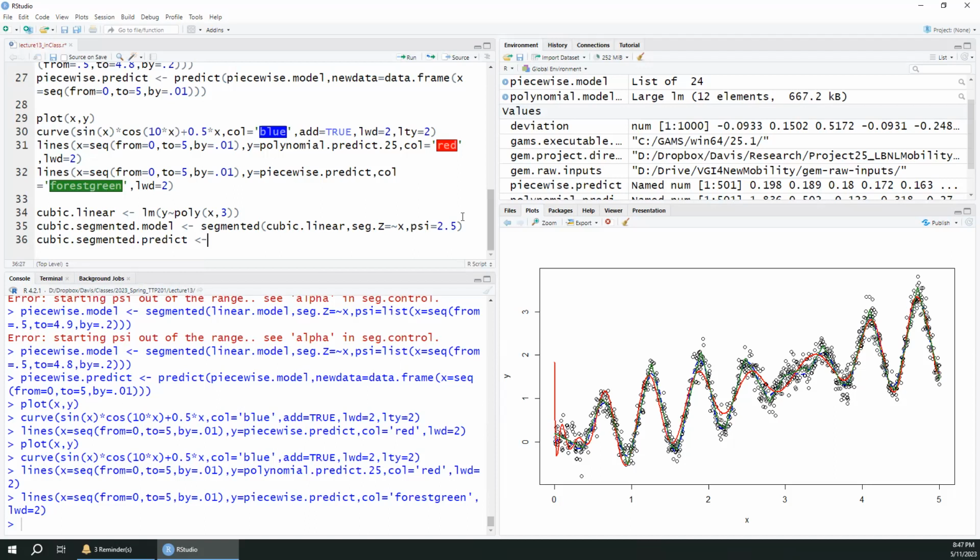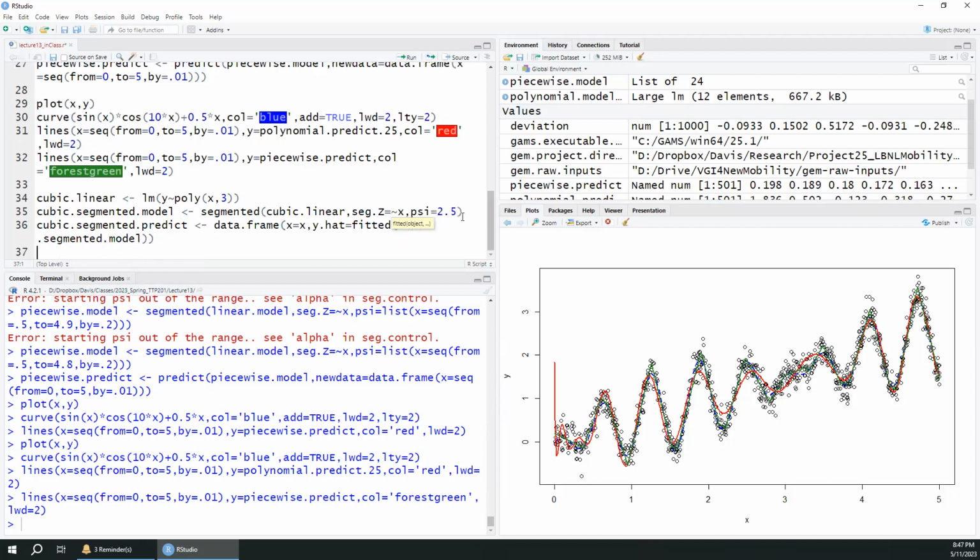And we have to do a predict. And I'm going to reorder it just so that it runs from small x all the way up.